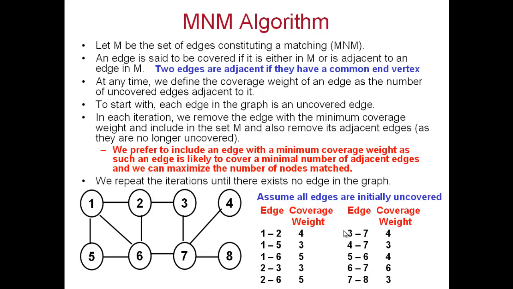Okay, later I'll tell an easier way to find the coverage weight. You don't have to really go to the graph and find the number of adjacent edges, but that's what the coverage weight is, and I'll tell you a better way to calculate these numbers. But given that these are the coverage weights now for these edges, which of these 10 edges we should pick to be part of our maximal node matching set of edges. That's what we need to decide.